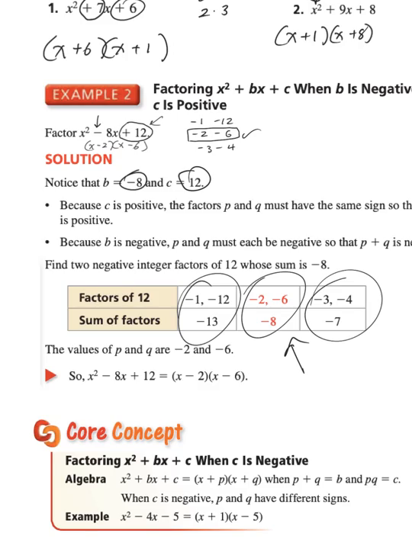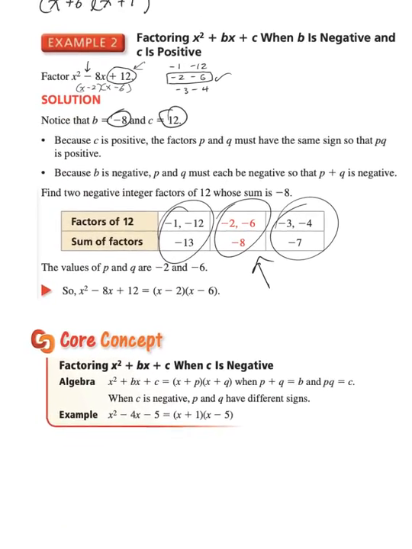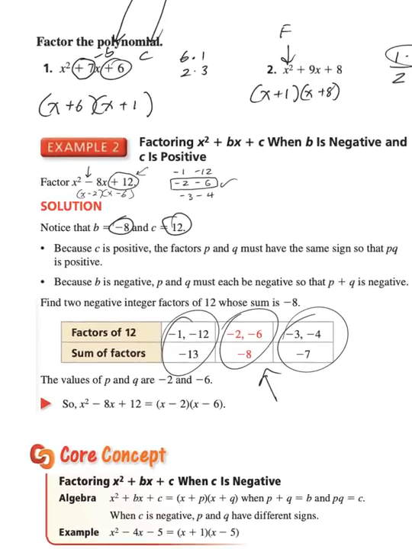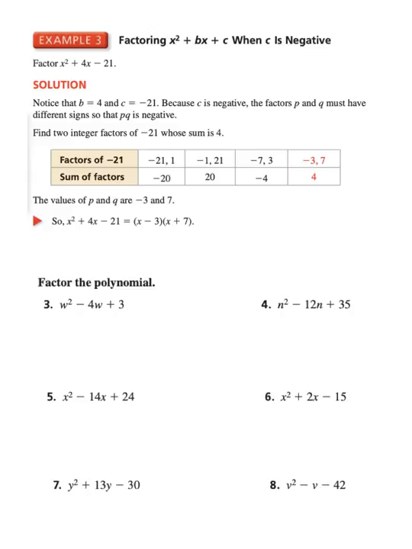So let's go to example 3, which is the last version of what you're going to be doing for homework tonight. So next page. If you come here, now this is the most complicated version of this.